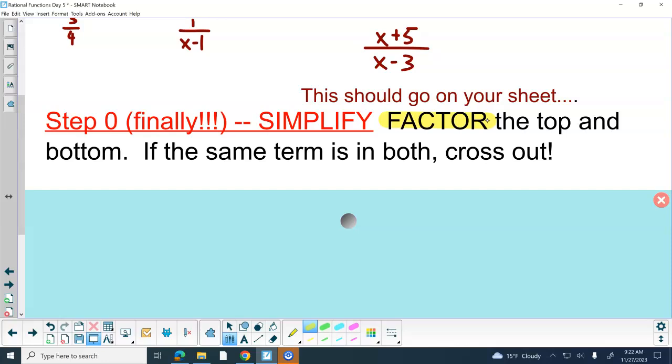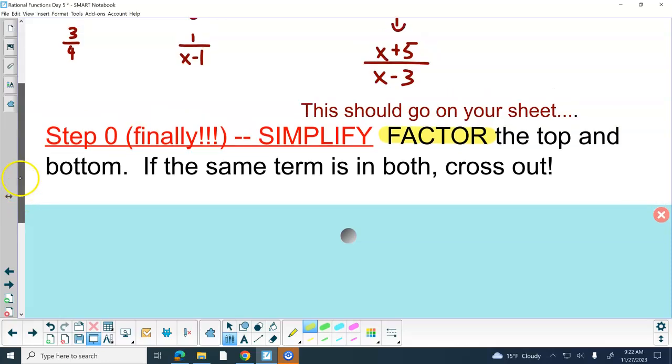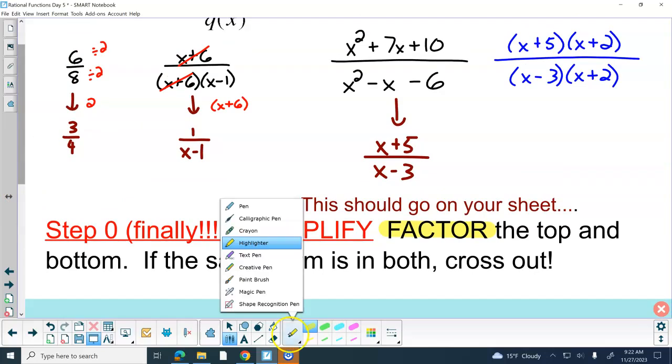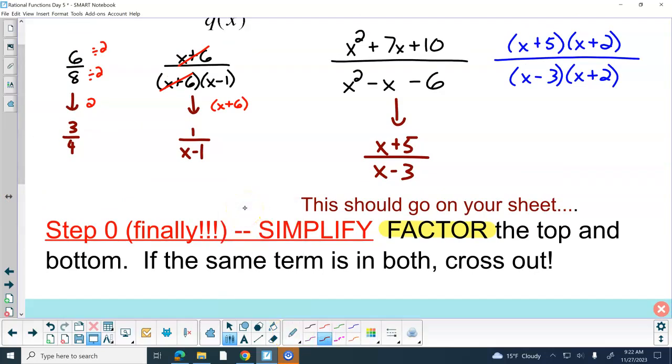Now, if there is a same term in both the top and the bottom, you get to cross it out. What I mean by that is, like I'll go back up here to this one, where x plus 2 cancels out the x plus 2.